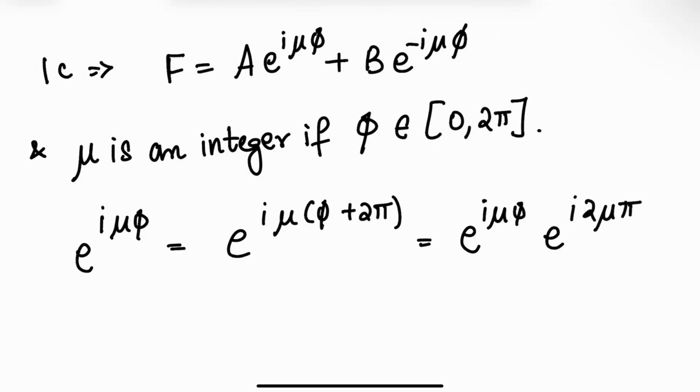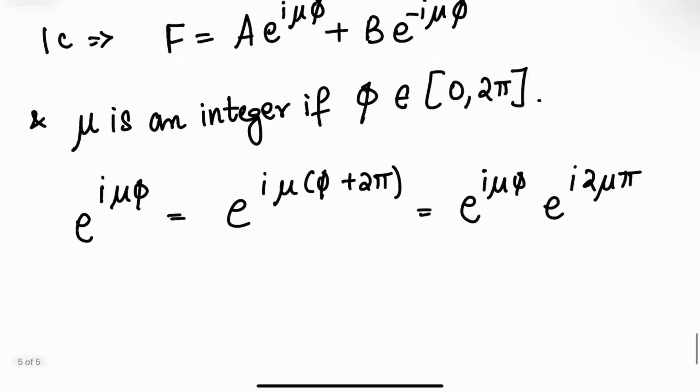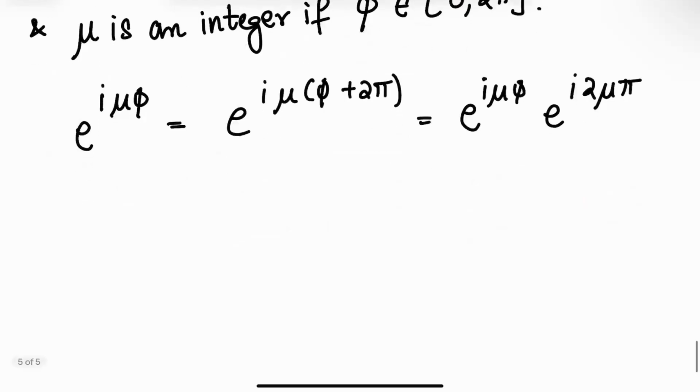If mu is not an integer, then this is not equal to 1. Only when mu is an integer is that equal to 1, and that's the reason that mu must be an integer. Okay, so that equation is reasonable.